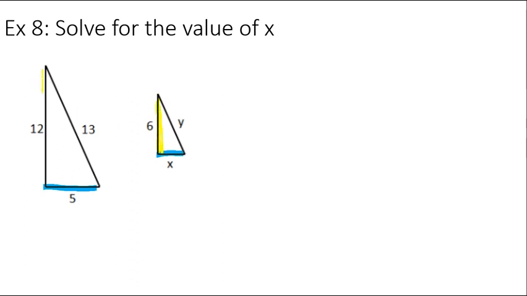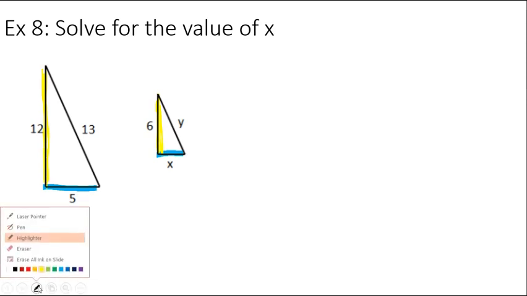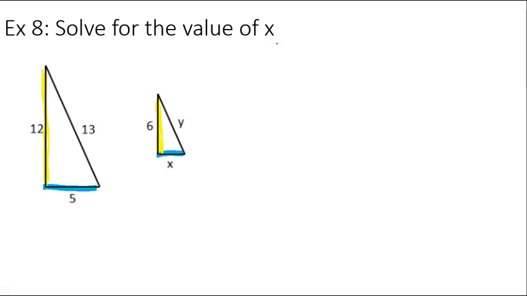That goes with the 12. So remember, 12 and 6 go together. So 12 over 6 equals, and 5 and x go together, 5 over x. So all I do now is cross multiply here.